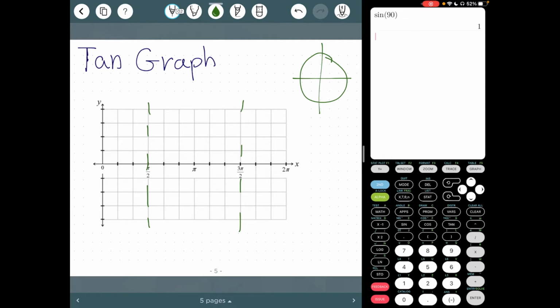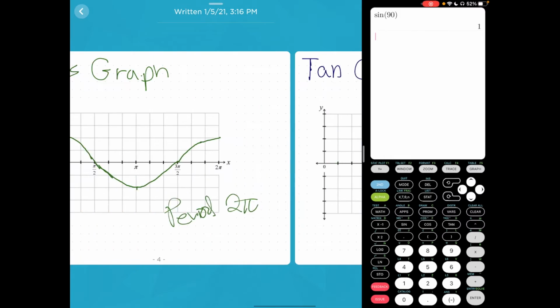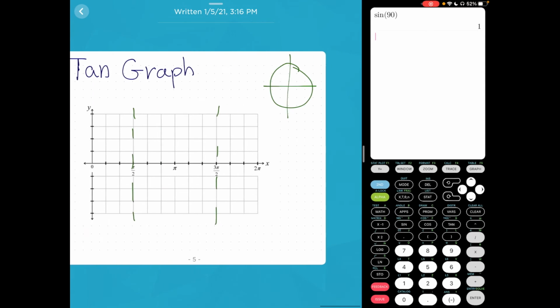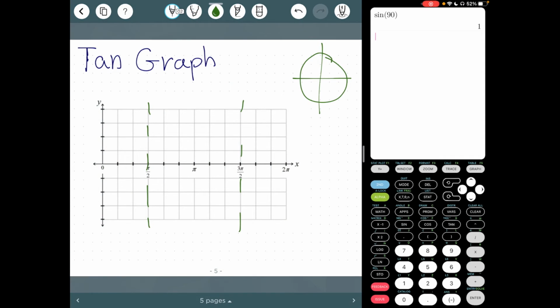And if you remember, tan is y over x. If the x value is 0, and let's just say the y value is 1, 1 over 0 is undefined, so it has to be an asymptote. Same with 3 pi over 2. There's just no x value, so it's undefined.